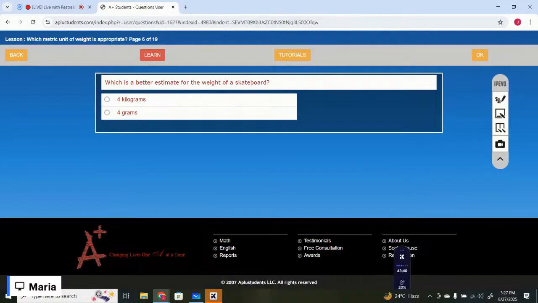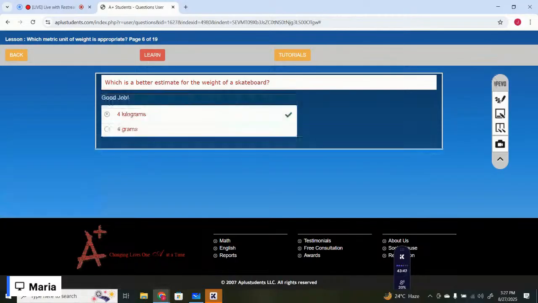Which is the better estimate for the weight of a skateboard? 4 kilograms or 4 grams? It must be 4 kilograms because a skateboard is heavy.